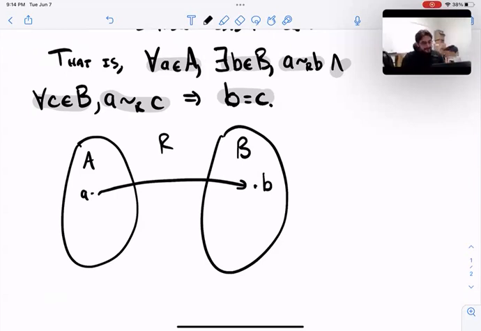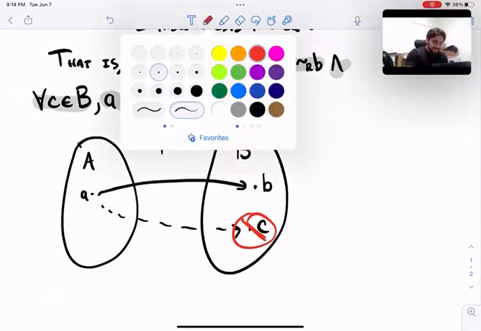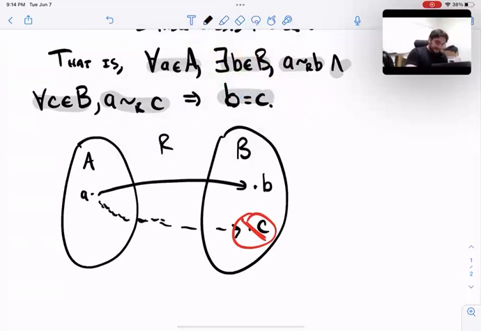Now, this uniqueness condition, a nice way to visualize it is, hey, if there were some other element over here, C, such that A was related to C, then what is C? In reality, it is not this, right? This is not what happened. But instead, what happens is this arrow in reality is just pointing up here to B again. It's just a duplicate drawing of the same arrow that we already drew, right?